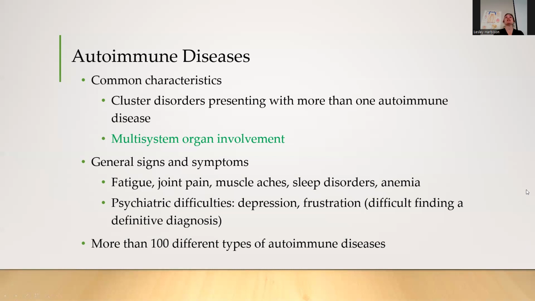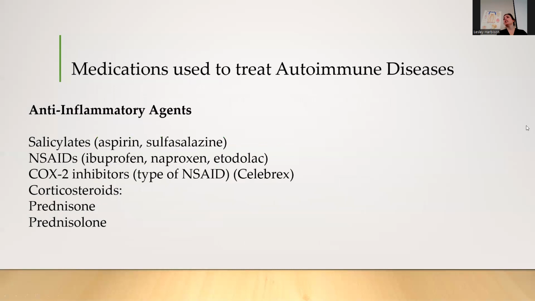There are more than 100 different types of autoimmune diseases, and a lot of times treatment is about dampening, suppressing the immune system, reducing inflammation. Those are some main medications and main ways to treat it, but there are some variations. For medications used to treat autoimmune disease, in the anti-inflammatory category they might be prescribed aspirin or various NSAIDs.